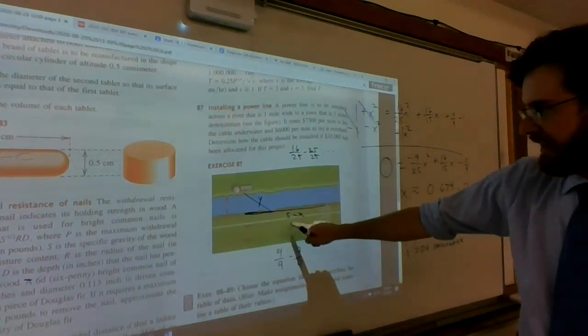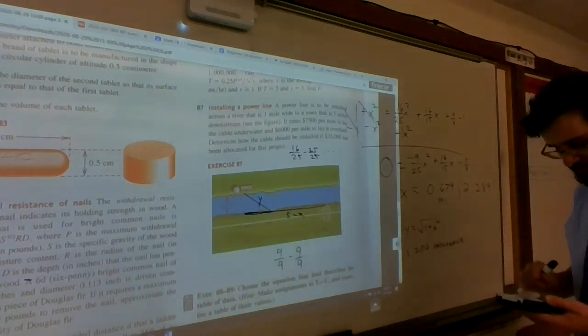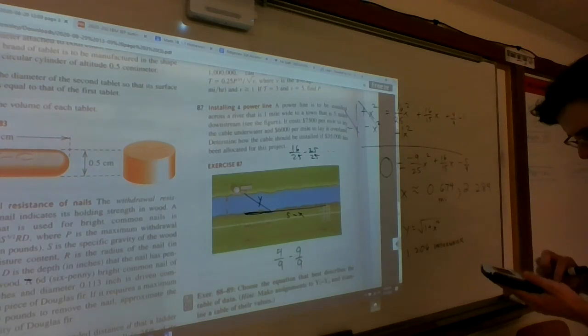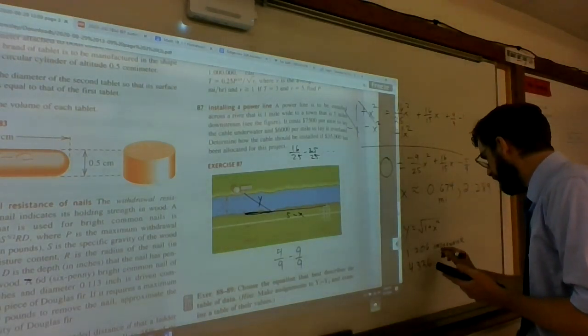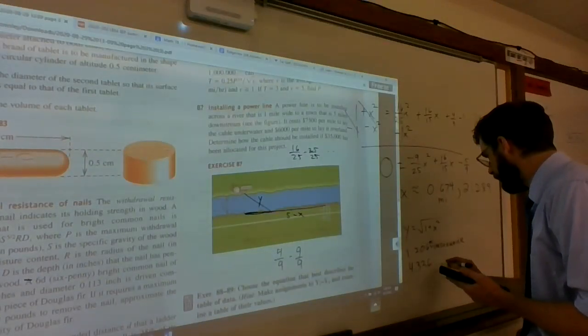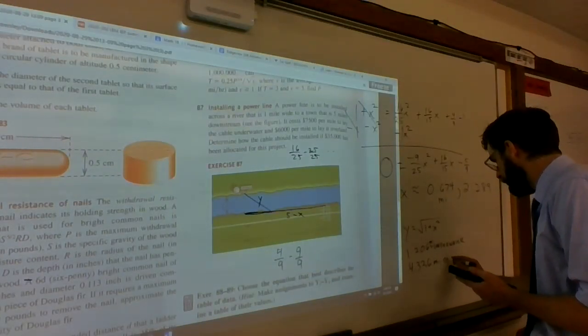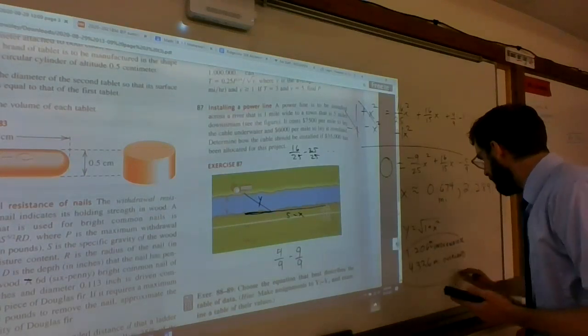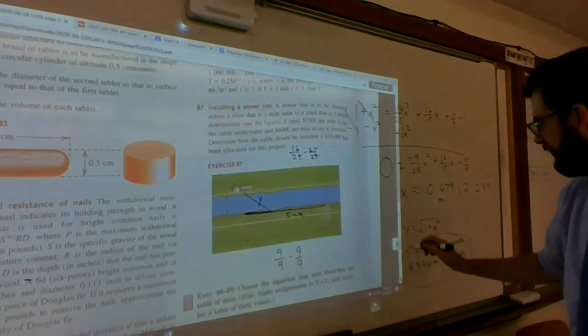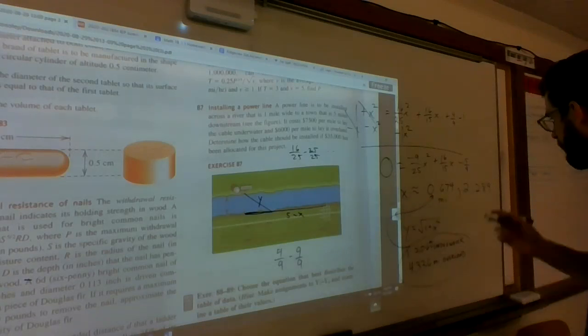And then we would say take 5 minus the 0.674. This is your first option that's related to this solution right here.